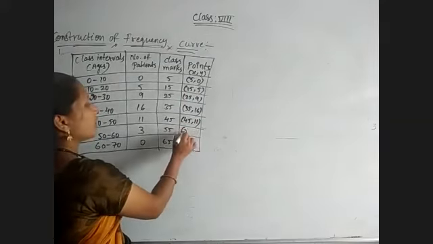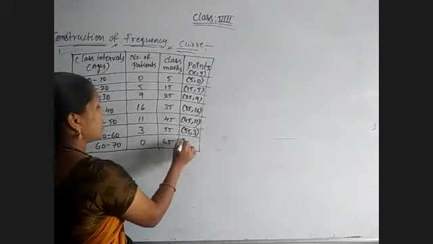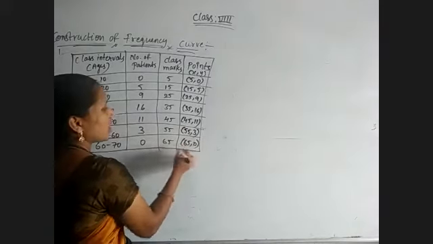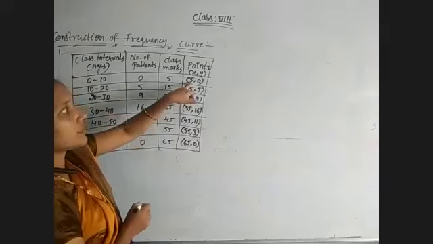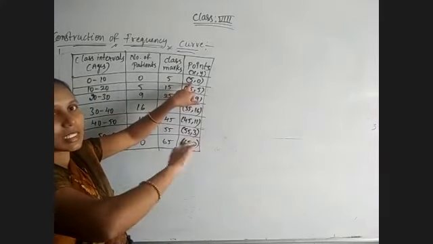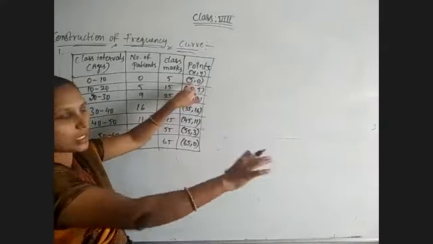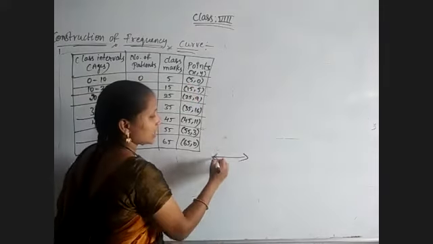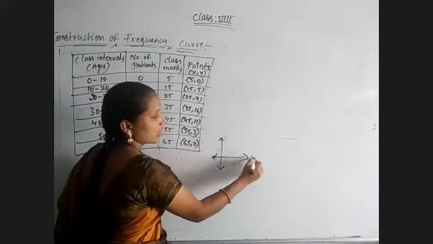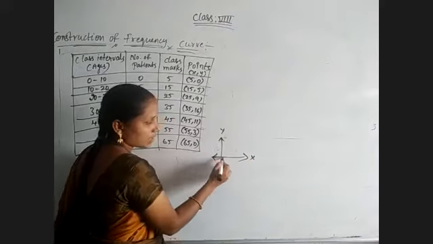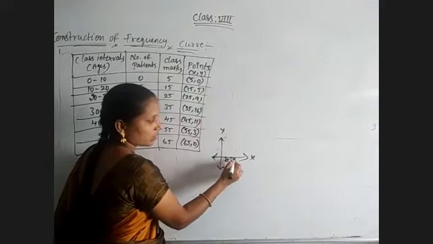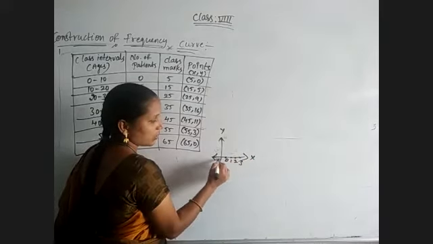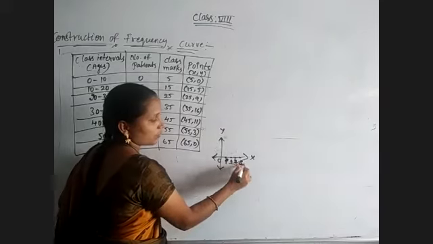Next 55 comma 3, 65 comma 0. And x coordinate is 5 means the distance from y axis is 5 units. If I have x axis and y axis, the distance from here is 0, 1, 2, 3, 4, 5.